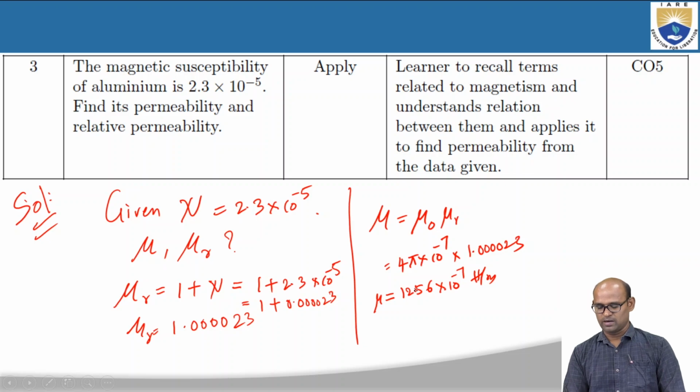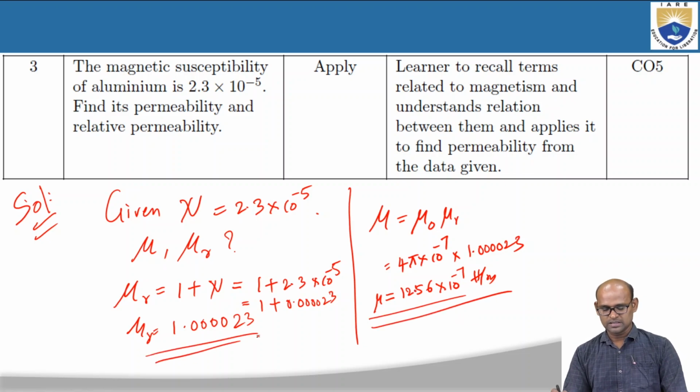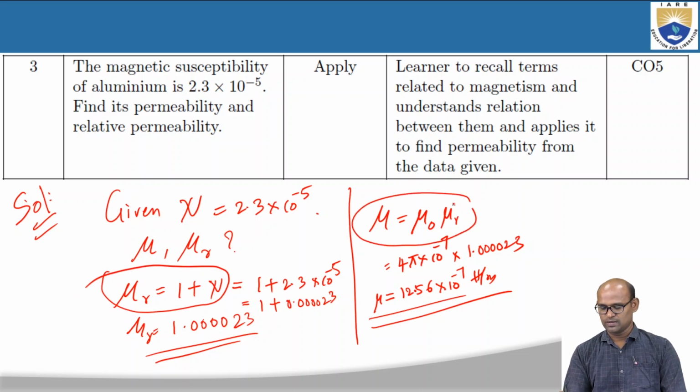Okay. So we have calculated relative permeability and permeability given susceptibility using the equation mu r is equal to 1 plus chi and mu is equal to mu naught into mu r.